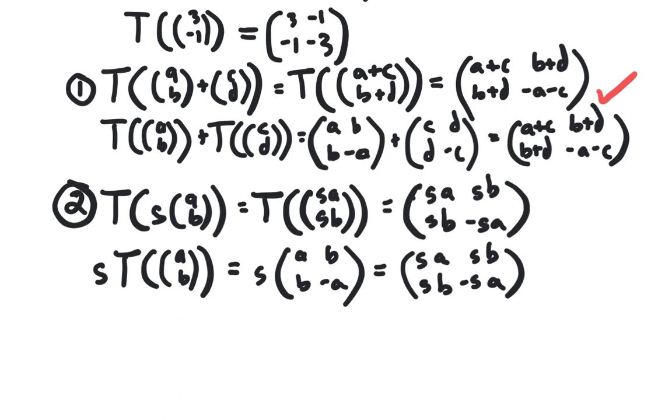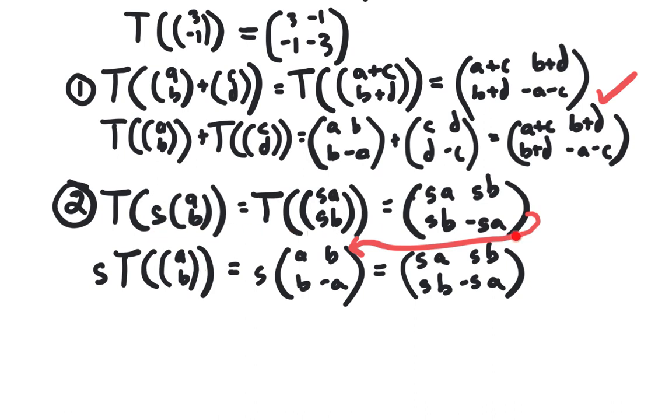Alternatively, we also could have just gone backwards here. So we could have gone from this matrix and then factored out that S, and then noticed that this is the same thing as S times the transformation of the vector AB. So both ways do it.